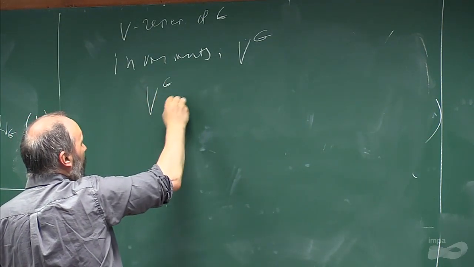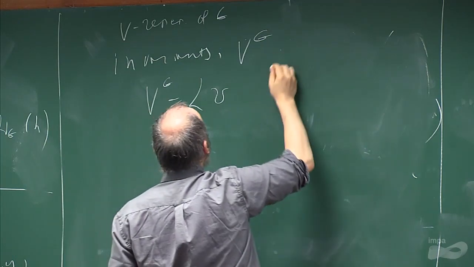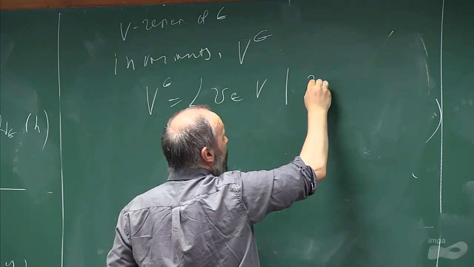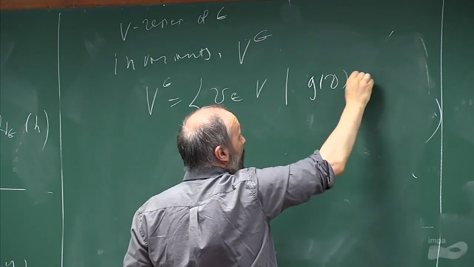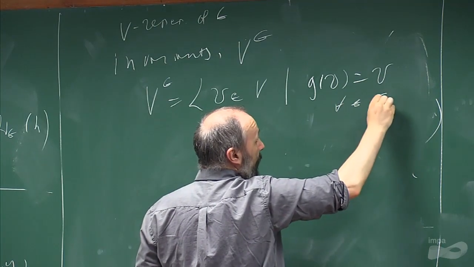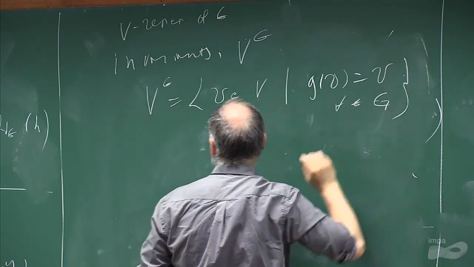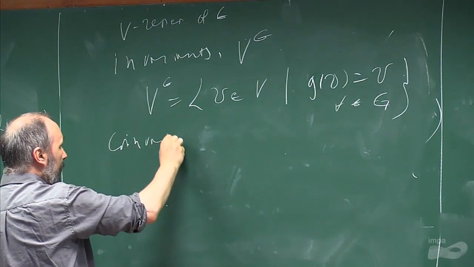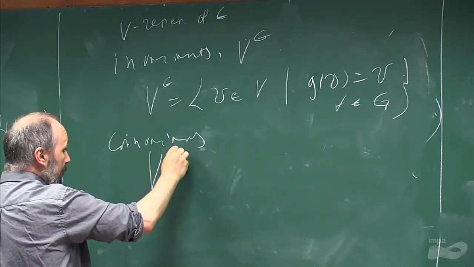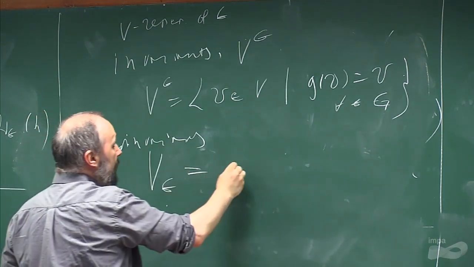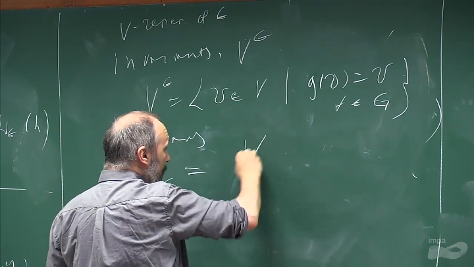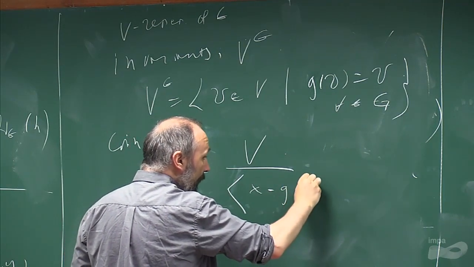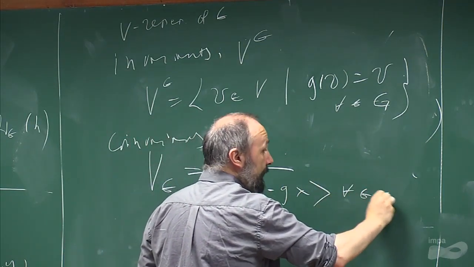V^G is all vectors inside V such that g(v) is equal to v for all g inside the group. This is something I already gave to you, but then there's also coinvariants, V_G with the G below. This is a quotient: V quotient by the subspace generated by x minus g(x) for all g inside the group.